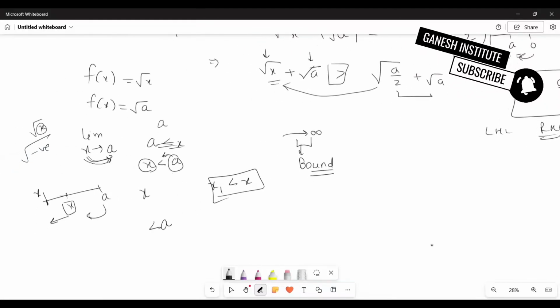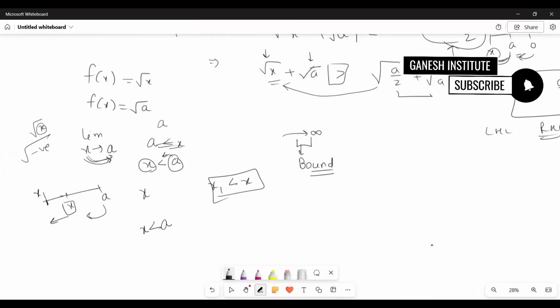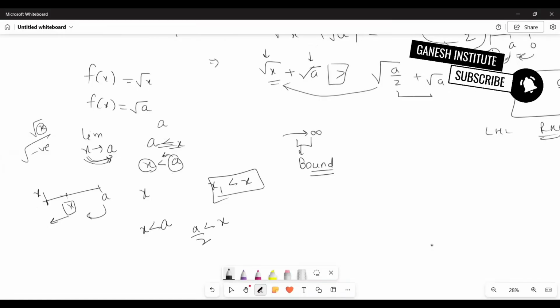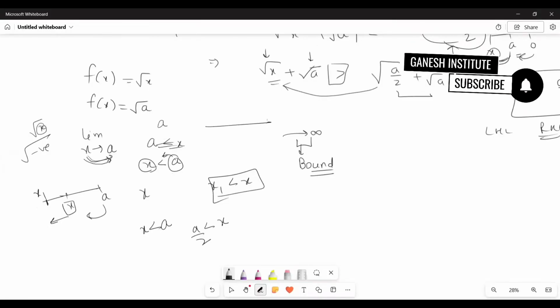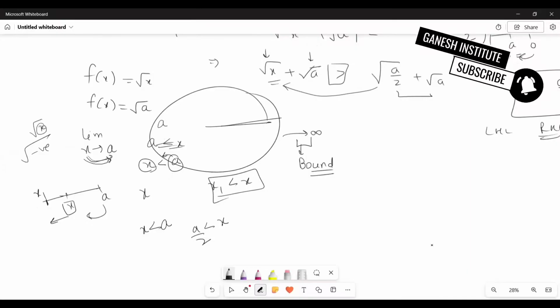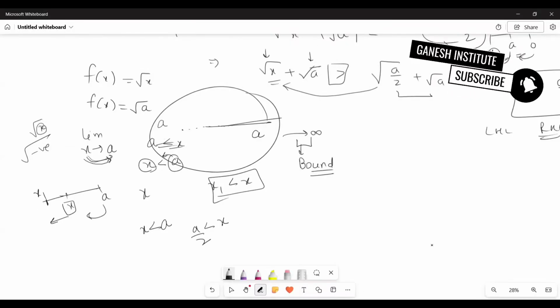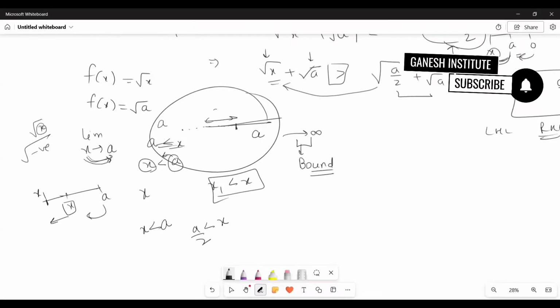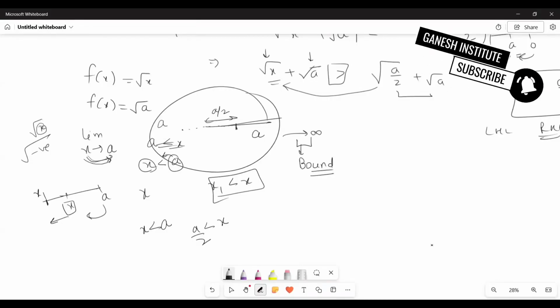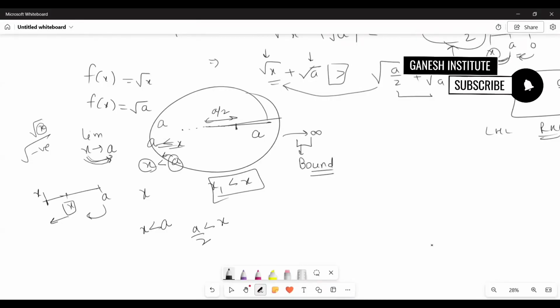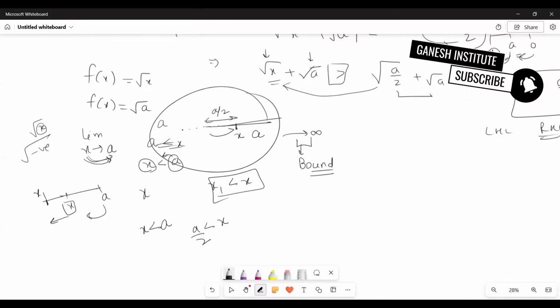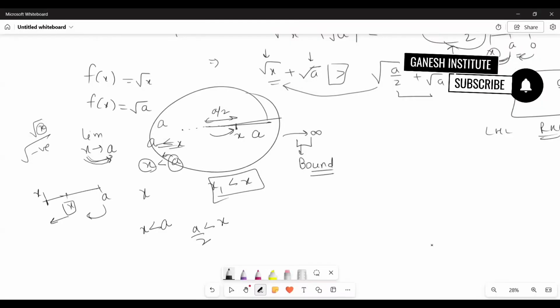No, I'm saying a is greater than x at the moment, but x is greater than half of a. I'm assuming that, okay, see, this is the circle. The radius is a. x is coming out somewhere here. So I'm assuming that x, this much is a by 2. To make it more proximal value, I mean to show the proximity, I've assumed that x is here and it has passed more than half of the path.